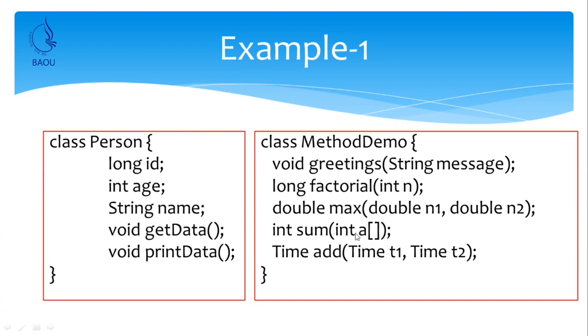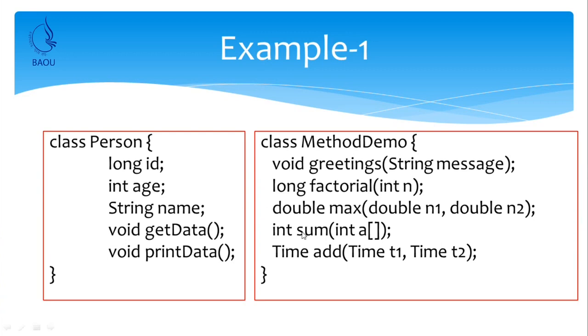So, here an integer array is an argument and the sum of all elements is returned by this method and the return type is integer. You can have long also, it depends on your data, whether your data is very large. So, some may be outside the range of integers. So, at that time you can also take long as a return type.